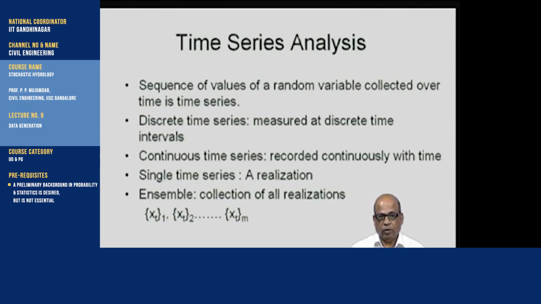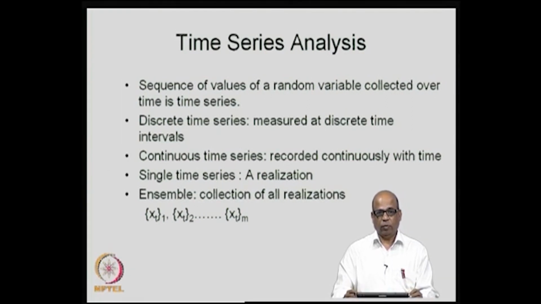In most hydrologic situations, we will be dealing with only discrete time series: daily time series of rainfall, time series consisting of monthly stream flows, daily evapotranspiration and so on. More precisely, it is called a discrete time series, meaning the time is on a discrete scale.